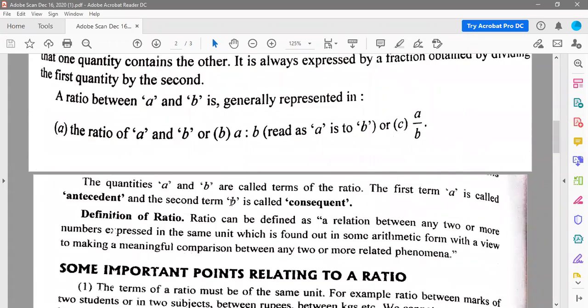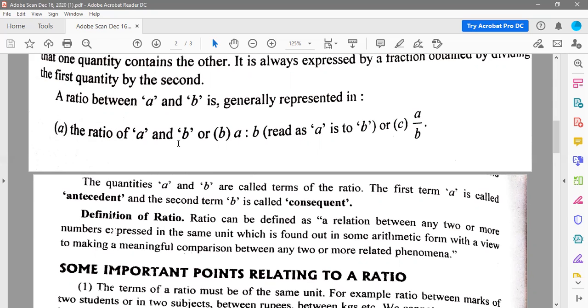Now, moving further, how do we represent this and what are both of these A and B called? Now the ratio is usually represented, in a sentence they will say, as the ratio of A and B, or they will say it as A is to B. If you write in a sentence the ratio of A and B, we will get statement questions.